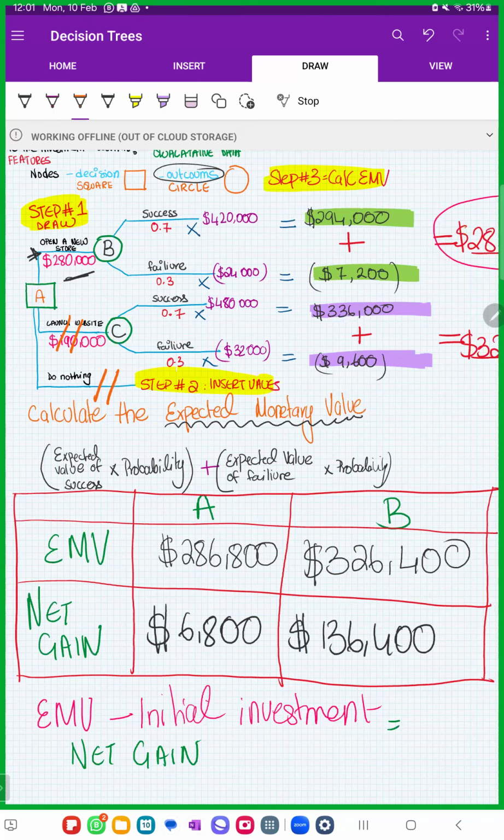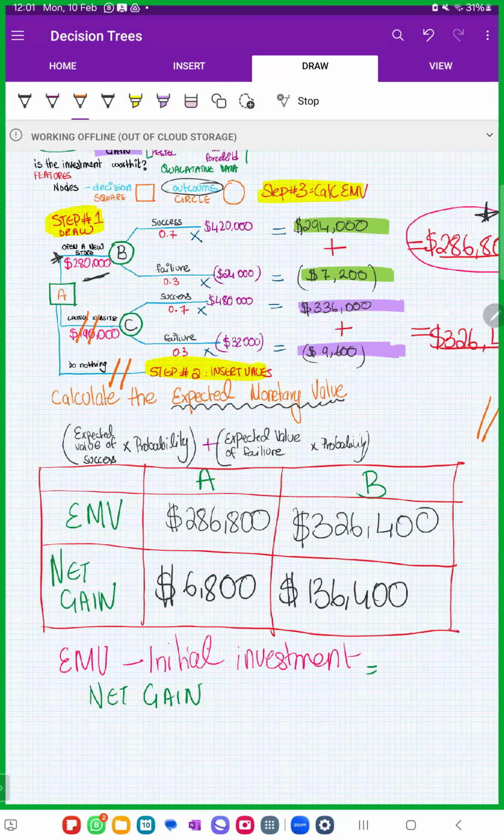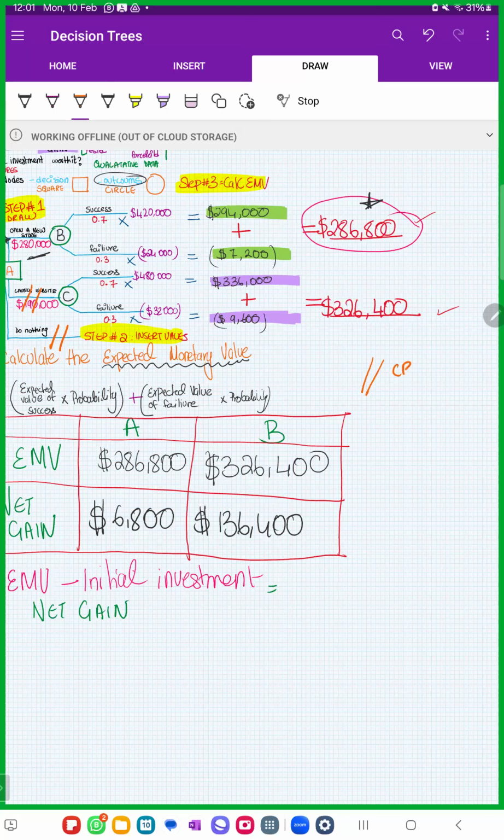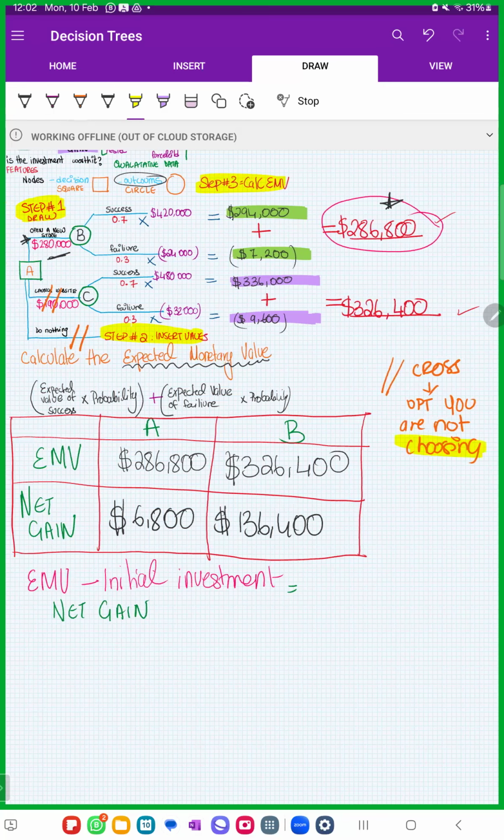Are you going to remember that? Yes. Okay, make yourself a special note over there saying that you cross by making these 2 lines on the option you are not choosing. However, in a decision tree, you make the double lines on the option, the decision, the path you will be taking, the critical path.